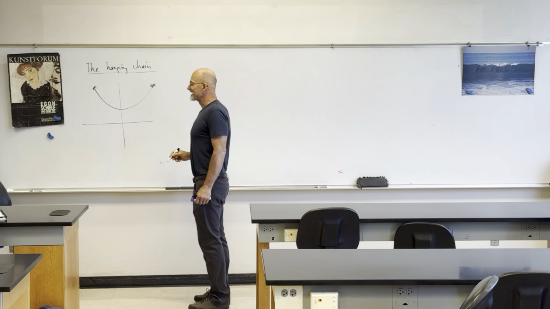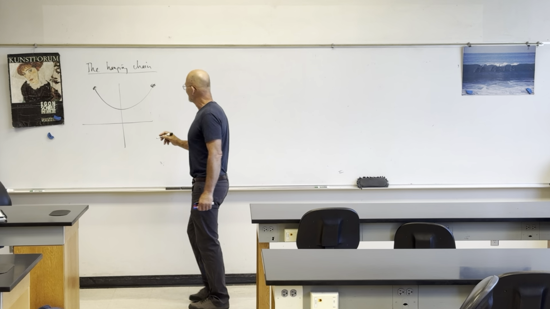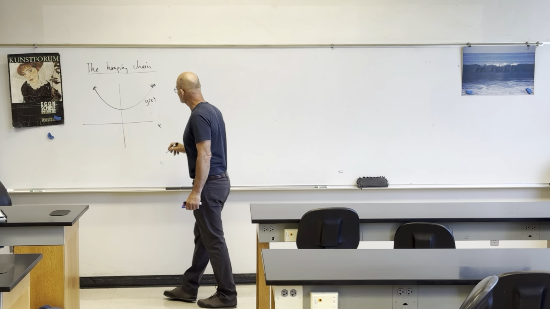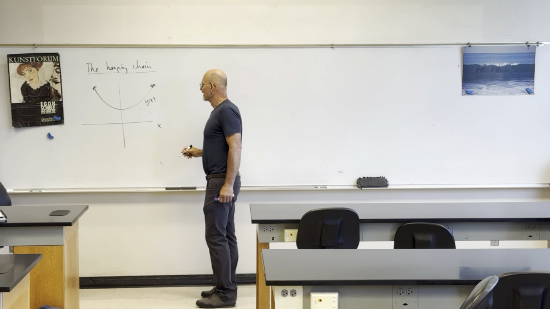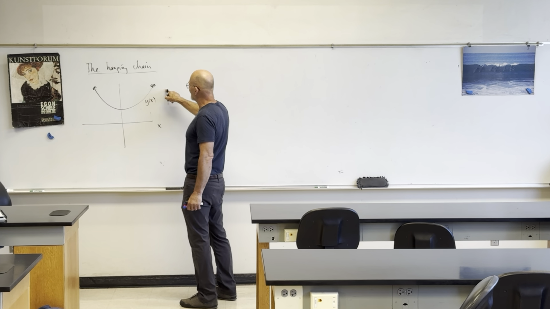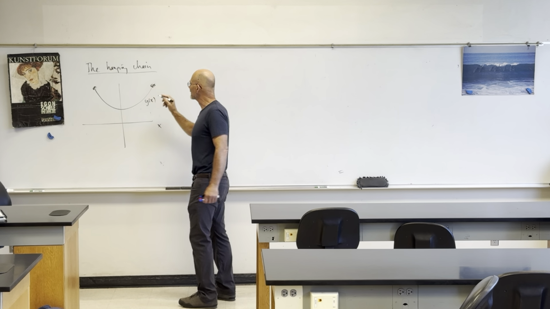What would be the potential energy of this hanging chain if this is x and this is y of x? It's going to be, but we have to prove it. And we're going to prove it in two ways, but this is going to take us right into physics.